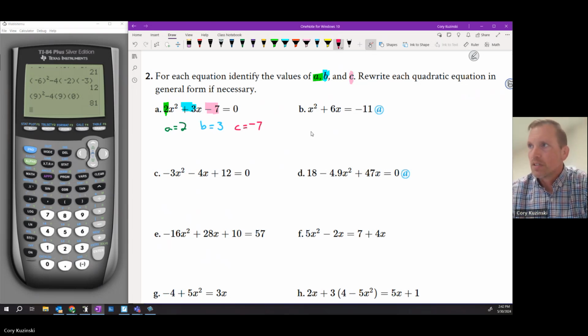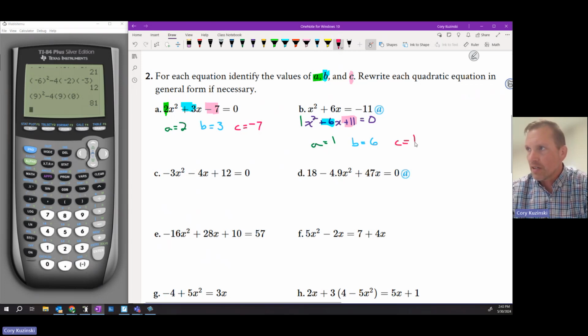Cool. All right. Now this one, here's the problem. This is not written in general form. So we got to go x squared plus 6x, and add 11 to both sides, equals 0. Now we can see that A is 1, B is 6, and C is 11, not negative 11.